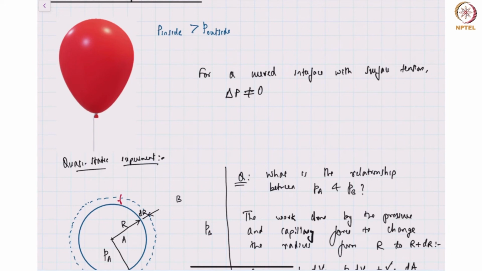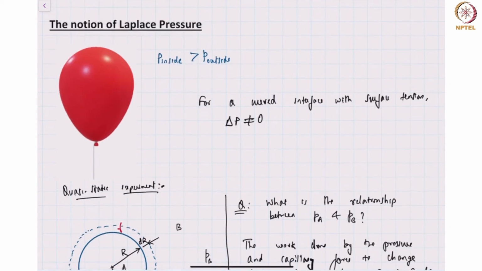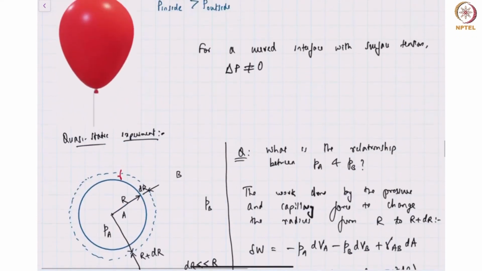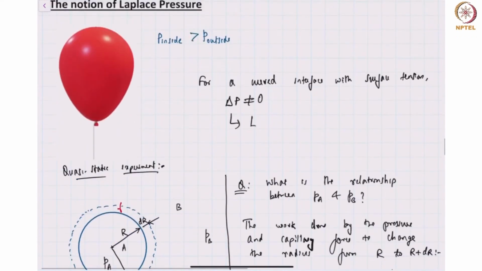This non-zero jump across the interface is often referred to as the Laplace pressure jump. It's a direct consequence of 2 effects. One is surface tension and the other is curvature.